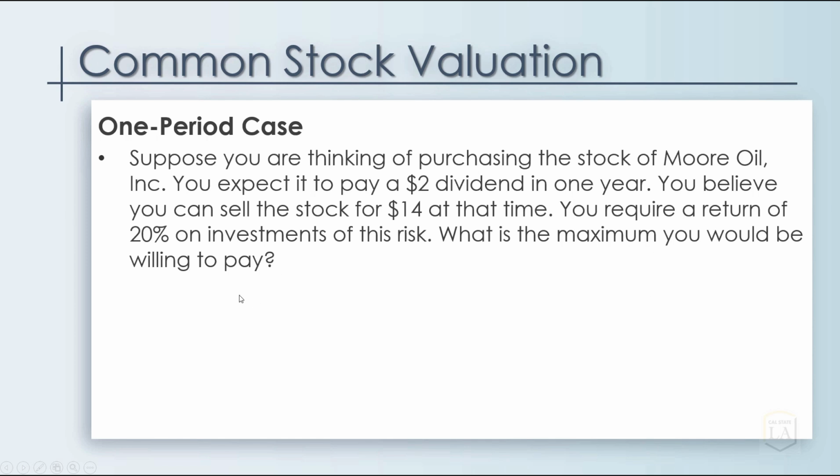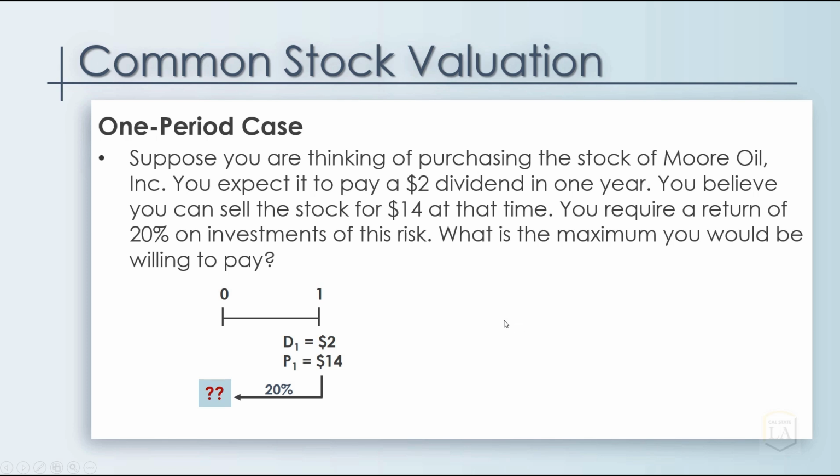Given so, your stock value is supposed to be the present value of all the cash flow streams that you are foreseeing. In 1 year, you're expecting a dividend of $2 and you will be able to sell it at $14. These are the cash flow streams that you're expecting. If you take the present value of these cash flow streams, that should be equivalent to the stock value or stock price.